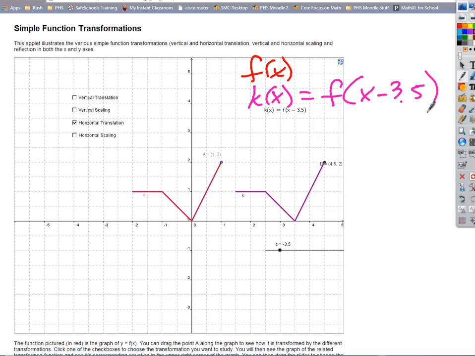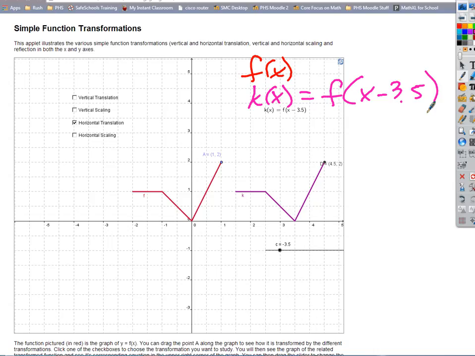The function is like a machine, and you're inputting numbers, input values, x values, and it's outputting y values. It doesn't care a bit where those numbers are coming from. It's just getting the numbers, processing them, and spitting them out, right? Now, this f of x function has this weird shape, and who knows what the formula is for that?